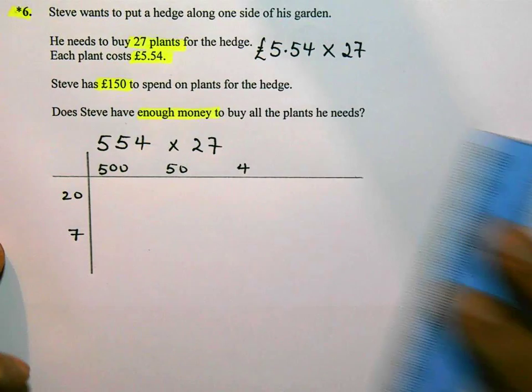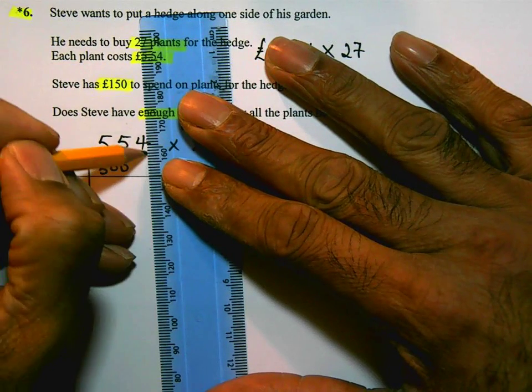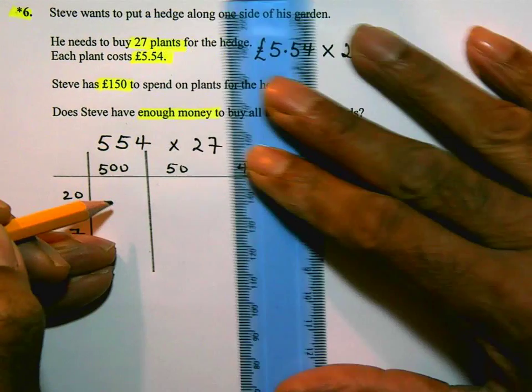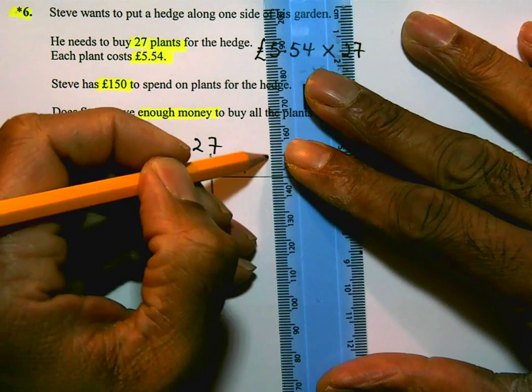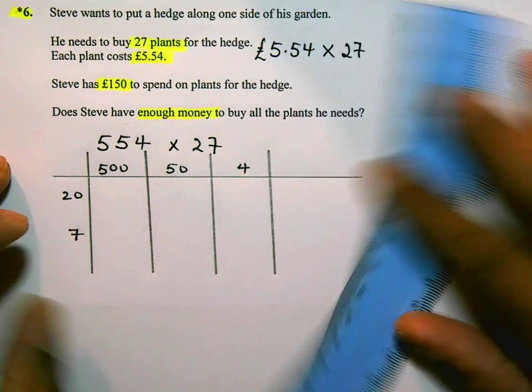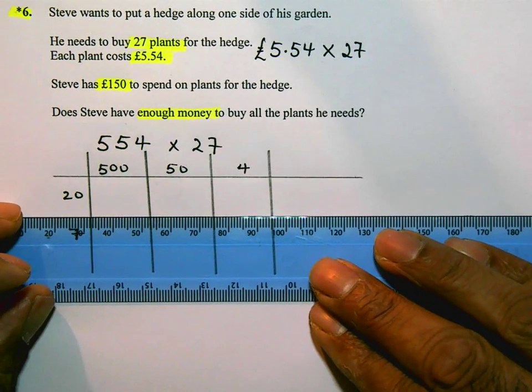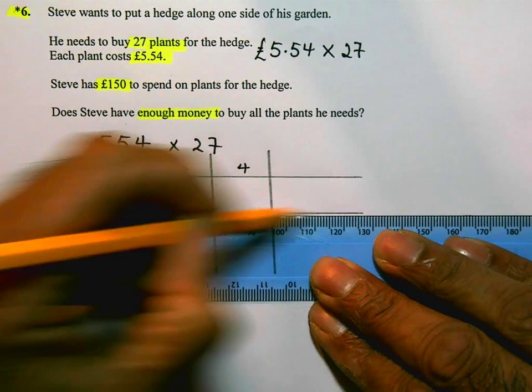And then I'll do the timesing for those, add up all the values, and that should tell me, once I put the decimal point back in, it'll give me an idea of whether he has enough money or not.